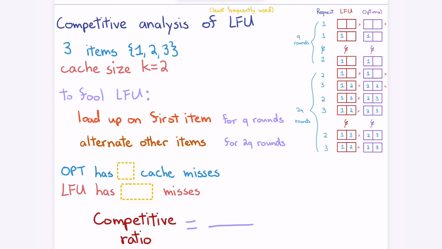If I was doing Q and then 2Q, how many misses does OPT have? I think it has 3, just when those items occurred for the first time, so that's the bare minimum. And how many did least frequently used have?